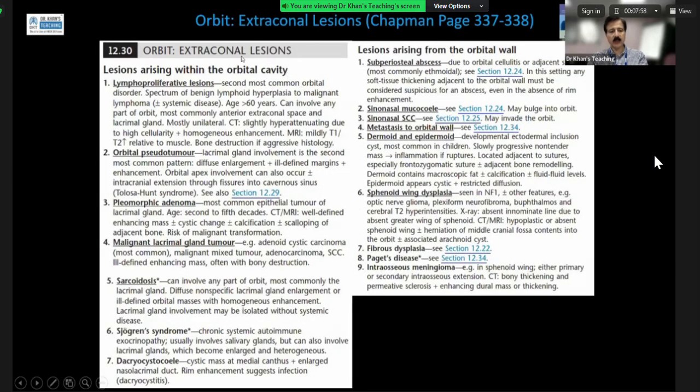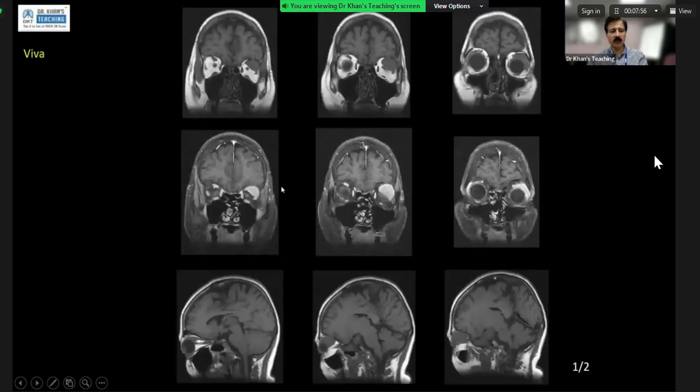So every differential diagnosis will have that. This is a different case in which we can see the involvement of the lacrimal gland, but this is not IgG4 related disease. Give me a differential diagnosis for a lesion in the lacrimal gland. That is the idea of this case.